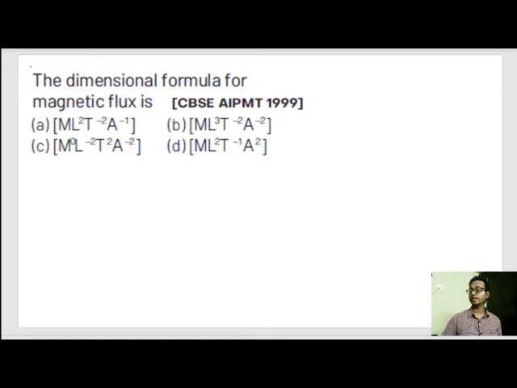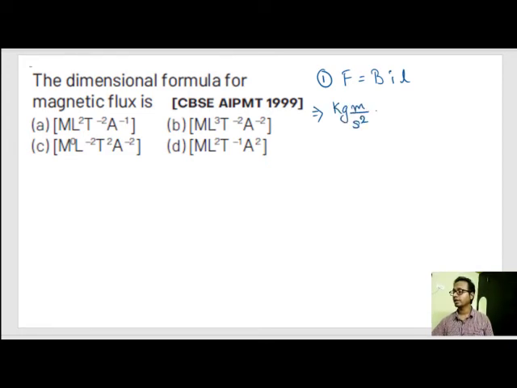So let's read the next question. The dimensional formula for magnetic flux is, okay, now this is interesting. You have to find the dimension of magnetic flux. So what are the formulas that we need to remember? The first formula is force is equal to magnetic field into current into L. This is from the chapter magnetic effect of current. The dimension of force becomes kg meter per second square. The dimension of magnetic field we have to find out.